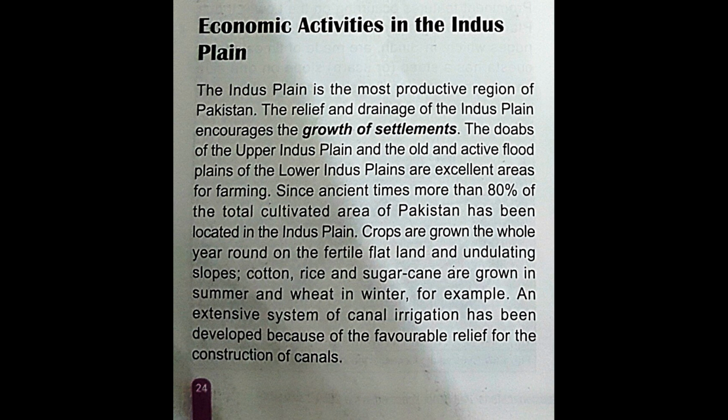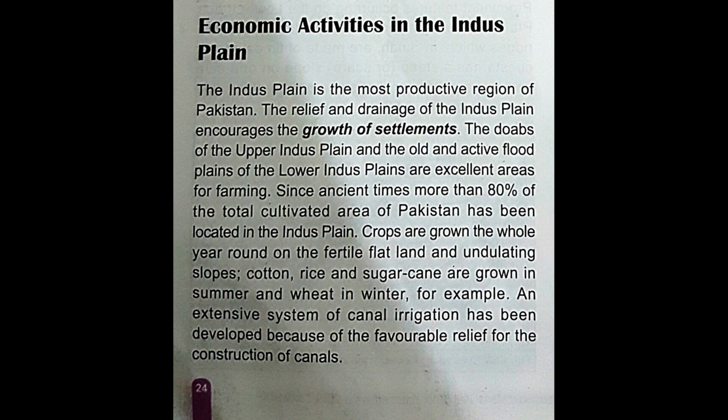The Doabs of the upper Indus Plain and the old and active floodplains of the lower Indus Plain are excellent areas for farming. So these are the most important areas for farming. The soil and the land are rich for growing crops. Since ancient times, more than 80% of the total cultivated area of Pakistan has been located in the Indus Plain.